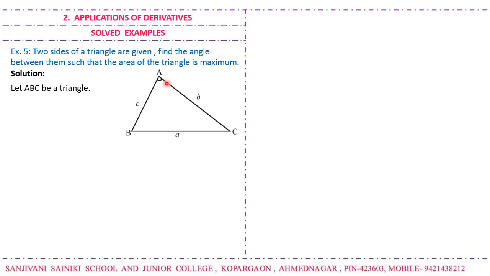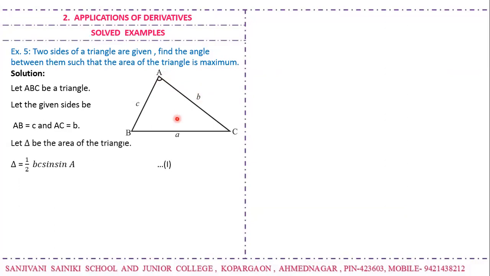Let ABC be a triangle. AB, its side is c, AC, its side is b, and this is the angle A formed by these two sides.